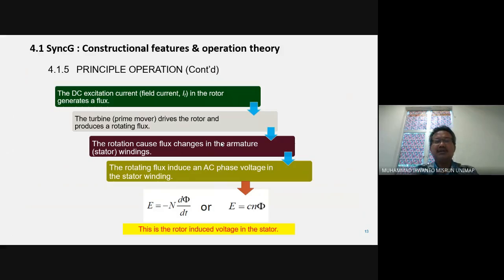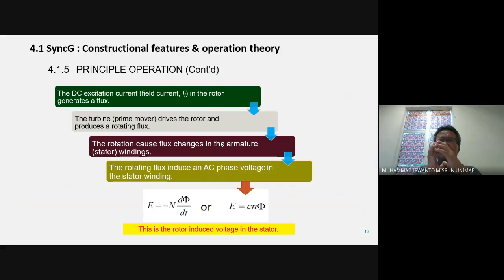Okay, and then we can see how the synchronous generator works. Remember, I repeat again, we know the basic principle. What is a generator? A generator is a machine that converts mechanical energy to electrical energy.